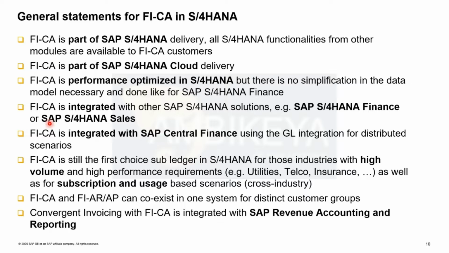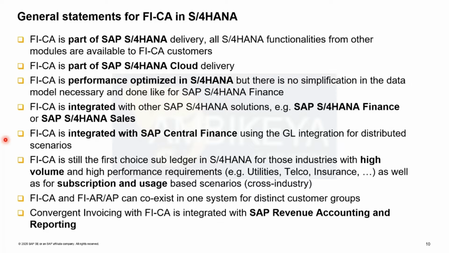FICA is, of course, integrated with SD, with core finance. We post into the general ledger. So this is like you know that from ECC. And of course, FICA can be used in central finance scenarios, but it is not directly integrated.